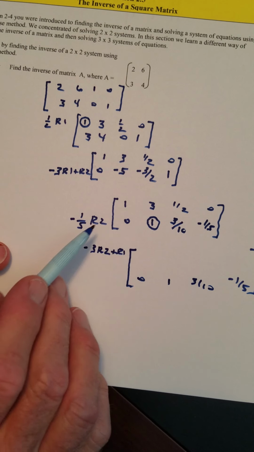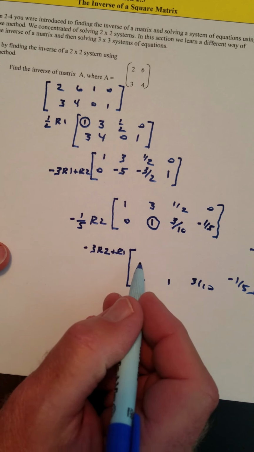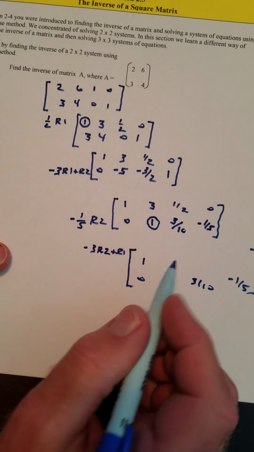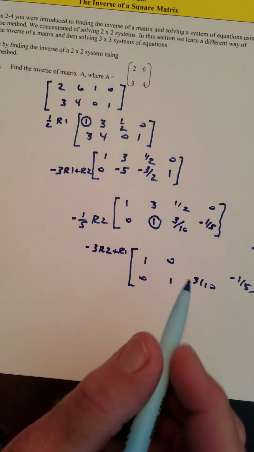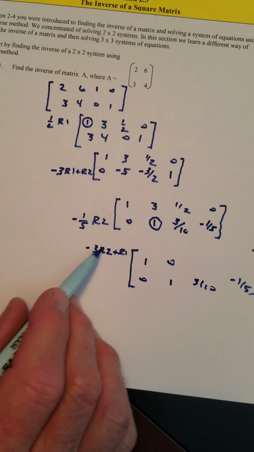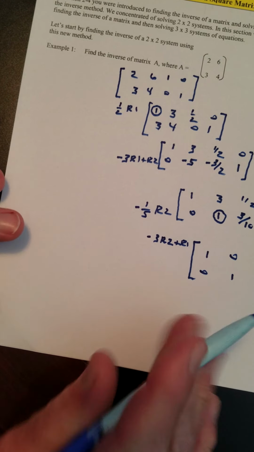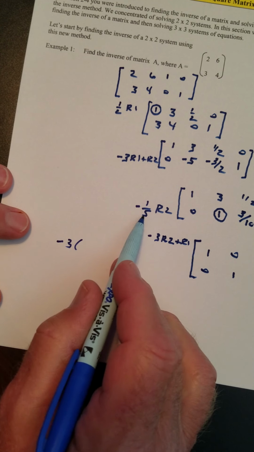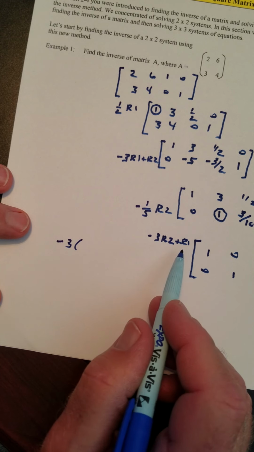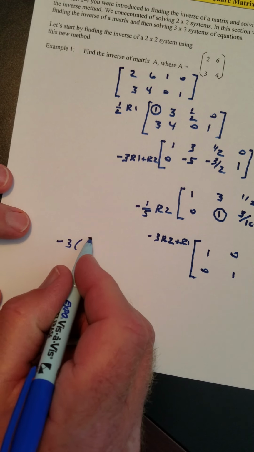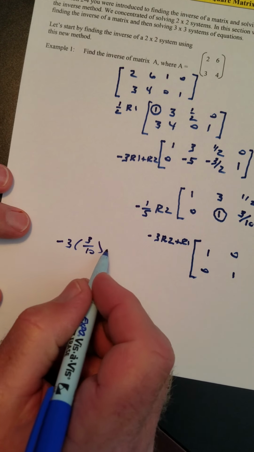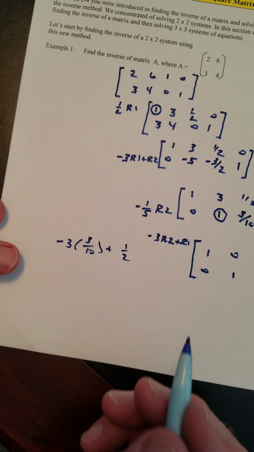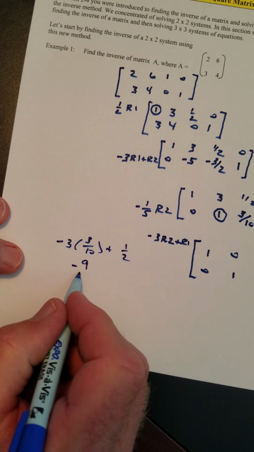So -3 times 0 is 0, plus 1 is 1. Negative 3 times 1 is negative 3, plus positive 3 is 0. Now it gets a little tricky. Negative 3 times this. I'm going to write this off to the side. Negative 3 times 3/10 plus the number above it, 1/2. So it becomes negative 9/10.